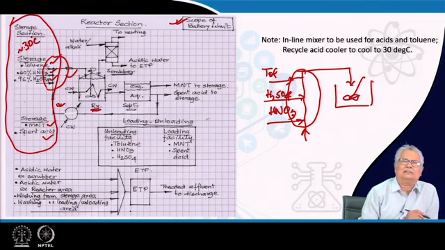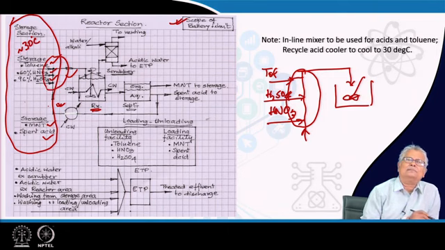The moment there is unreacted amount of acid, or rather spent acid coming in, along with the spent acid you will also be having certain amount of water. The water is formed during the secondary reactions, during the reactions in your reactor itself, and will be there in the aqueous phase as it gets separated.